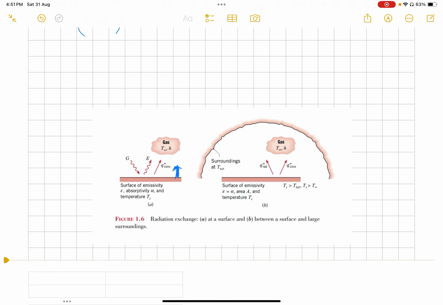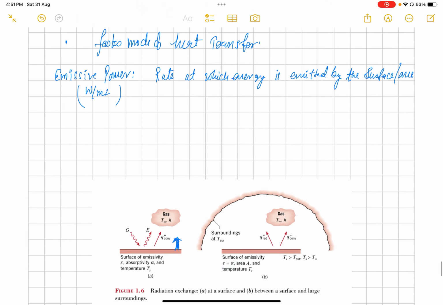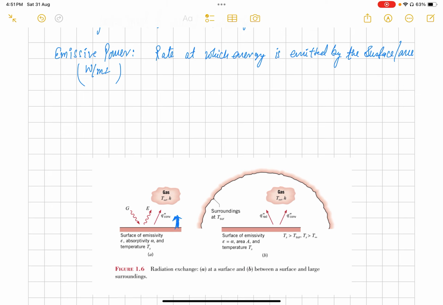The upper limit of the emissive power, which is the maximum emissive power the body can emit, is given by the Stefan-Boltzmann law, which is given by Eb equals sigma Ts power 4.